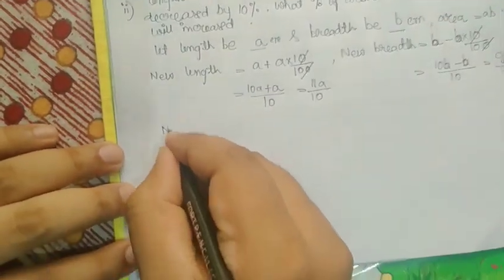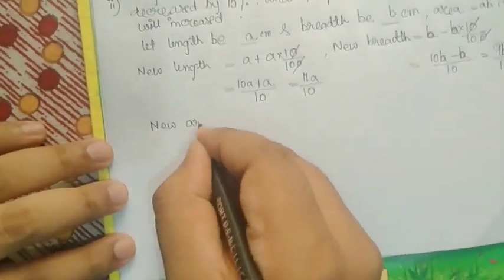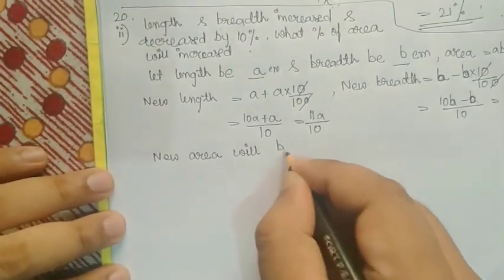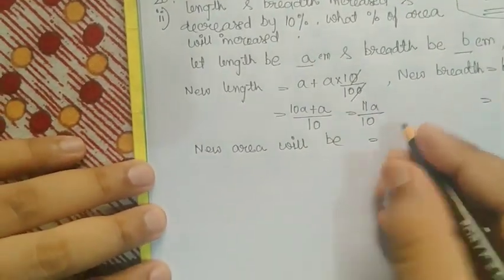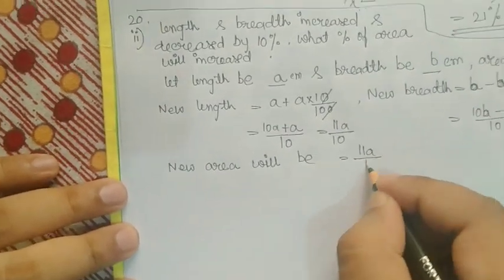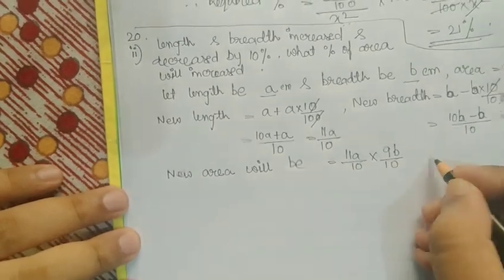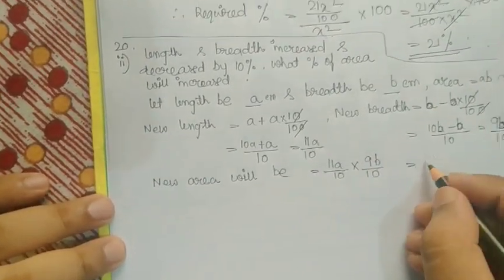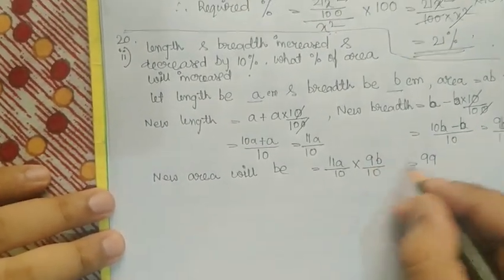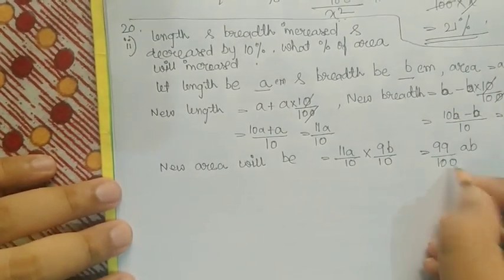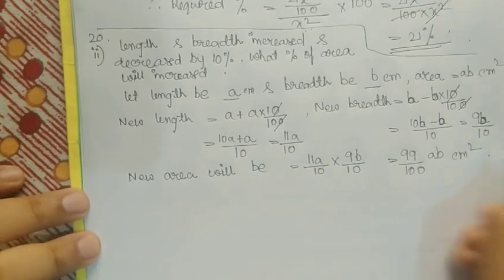So therefore new area will be length into breadth, 11a by 10 into 9b by 10. So 11 into 9, 99, a into b, ab, and 10 into 10 means 100 centimeter square.